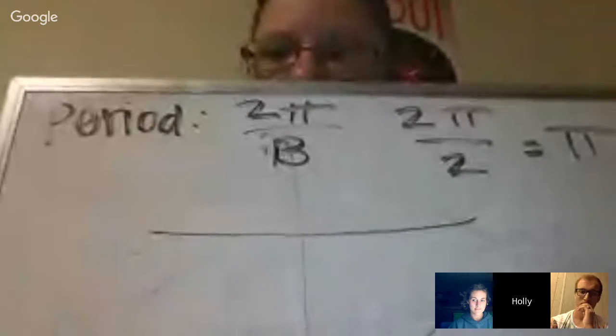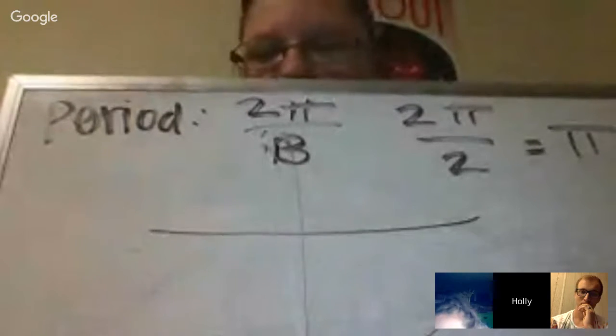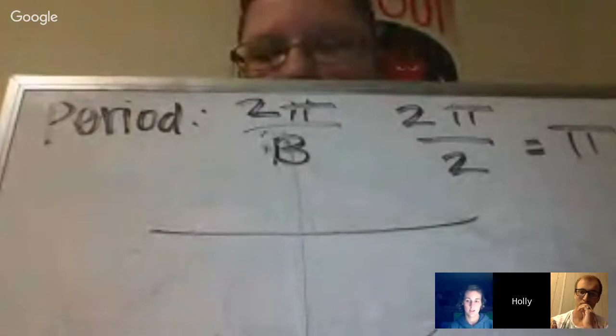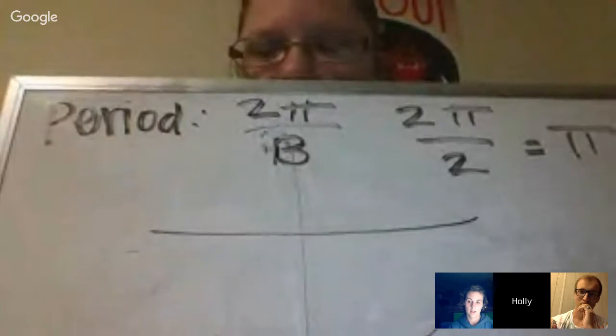The 2 pi over b, or the number before the x. So that's 2. So it's 2 pi over 2, which is pi.